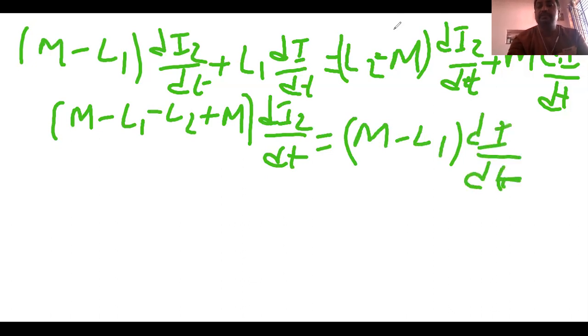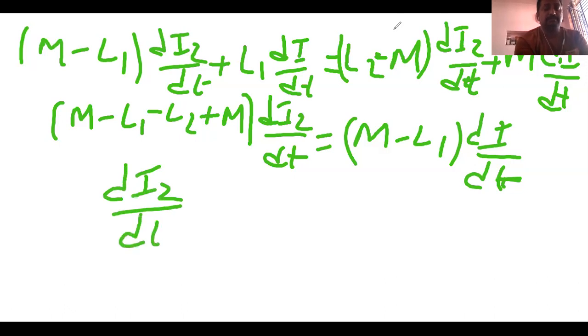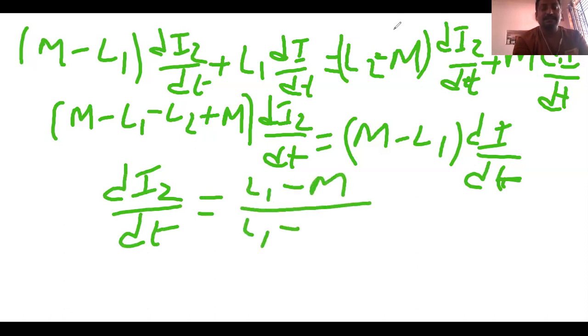So finally we get the solution. We'll take the minus on both sides. Therefore, di2 by dt is equal to (M minus L1) divided by (L1 plus L2 minus 2M).